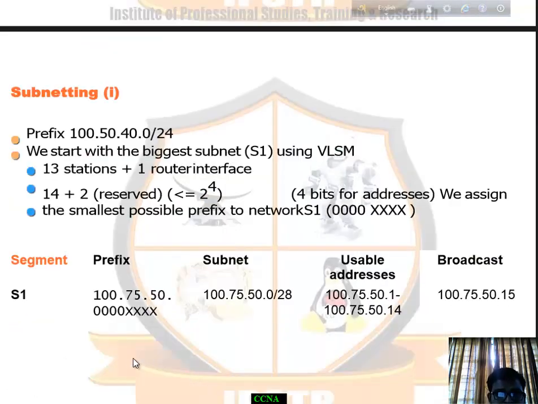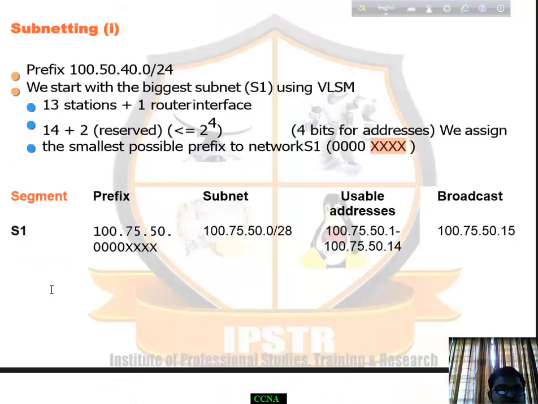So this is the first possible prefix for the networks, 1, 0, 0, and so on. Okay, second, as 1 prefix here, the subnet is it. And there is a borrow of 4 bits for this network, from which we can calculate the normal subnetting.